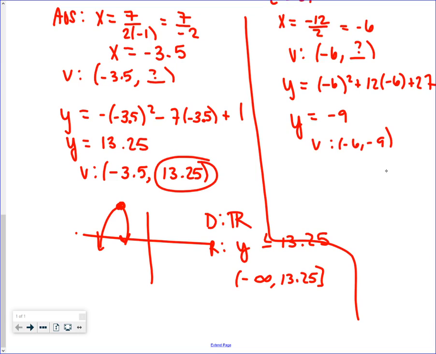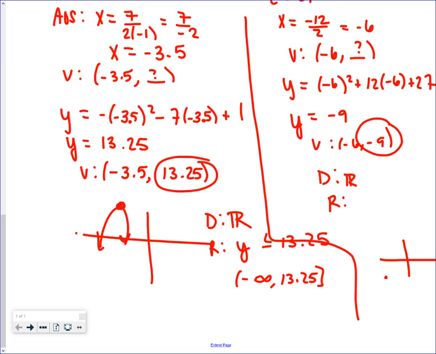They did not ask me to graph it. They asked me to find max or min. So it's going to be the -9, because max or min is how high or low we go, right? So it's the y value. And then the domain and range. The domain of a parabola is always all real, right? The range, I like to kind of sketch a graph.